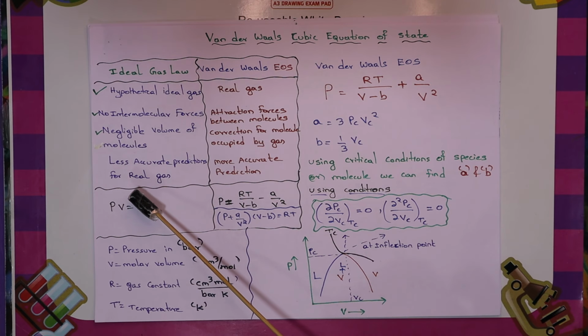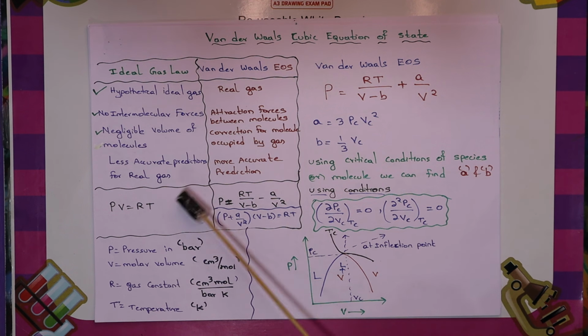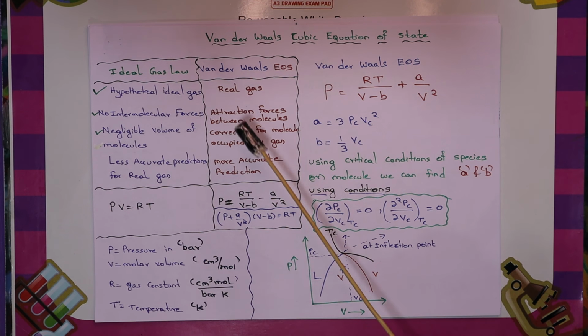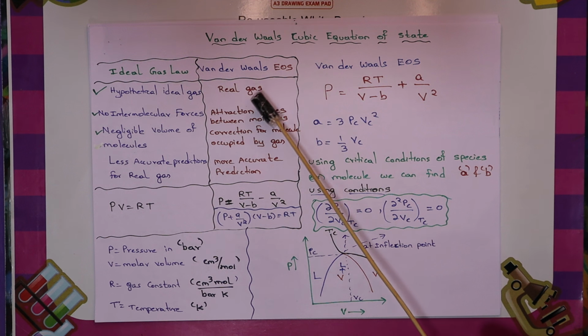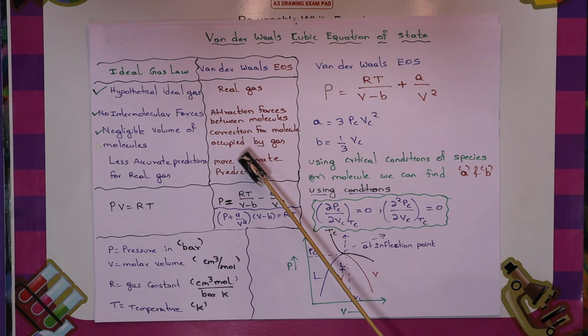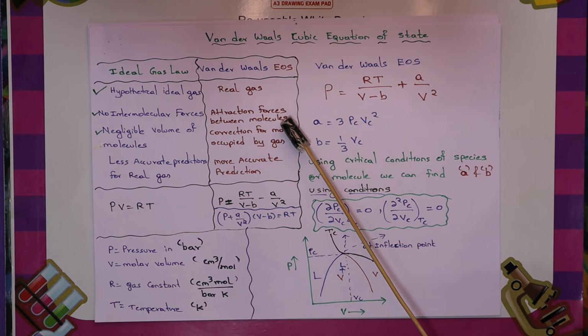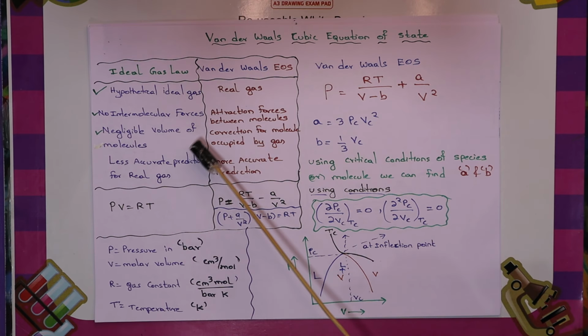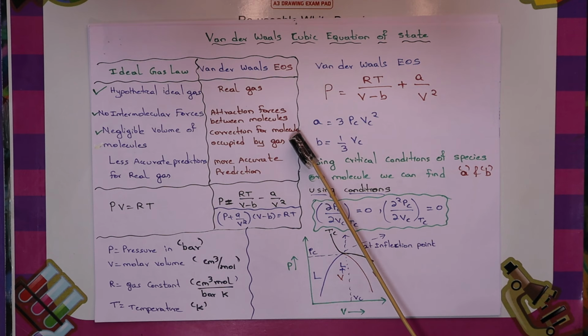The van der Waals equation is predominantly for non-ideal or real gases, considering the attraction forces between the molecules and a correction for the volume occupied by the molecules in the container. So you can expect more accurate predictions.